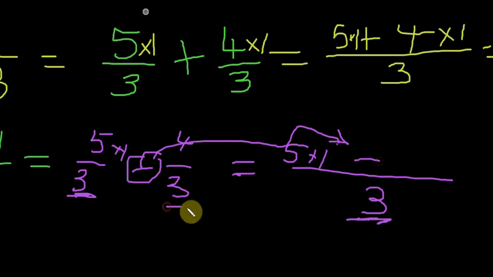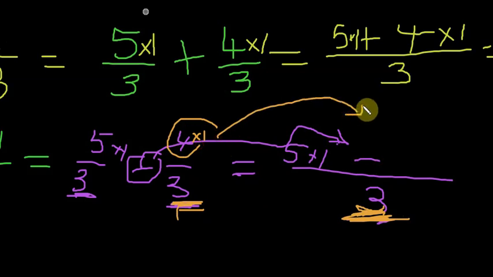Then we say how many times does the second 3 go into the lowest common multiple here, that is 1 time. So we multiply that 4 by 1, and we just bring it on the other side of the minus sign, which is 4 times 1.